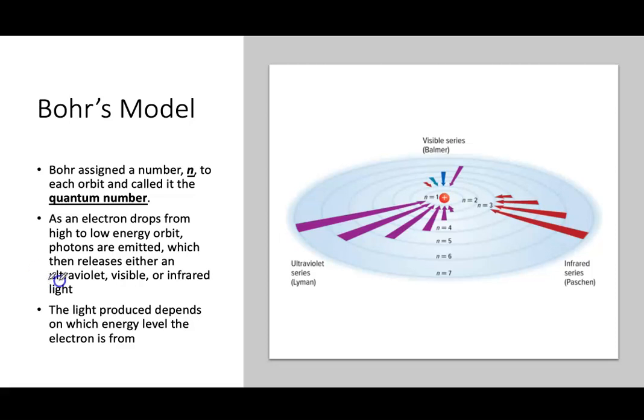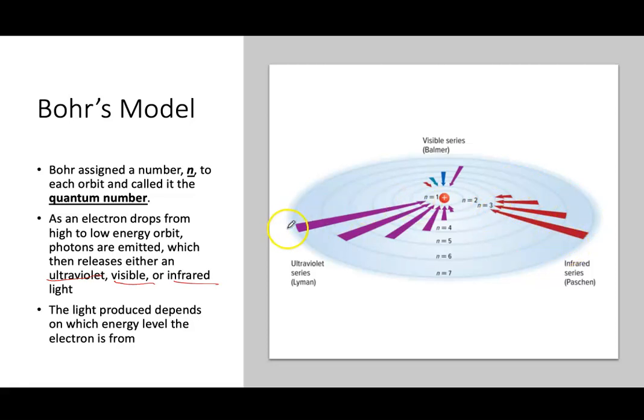So it can form ultraviolet, visible, or infrared. The farther the energy level that the electron is coming from as it goes back to its ground state, the different the type of light emitted. If you look at this picture right here, you can see this is infrared. That means if your electron is bouncing from quantum number 7 to quantum number 3, it will release infrared.